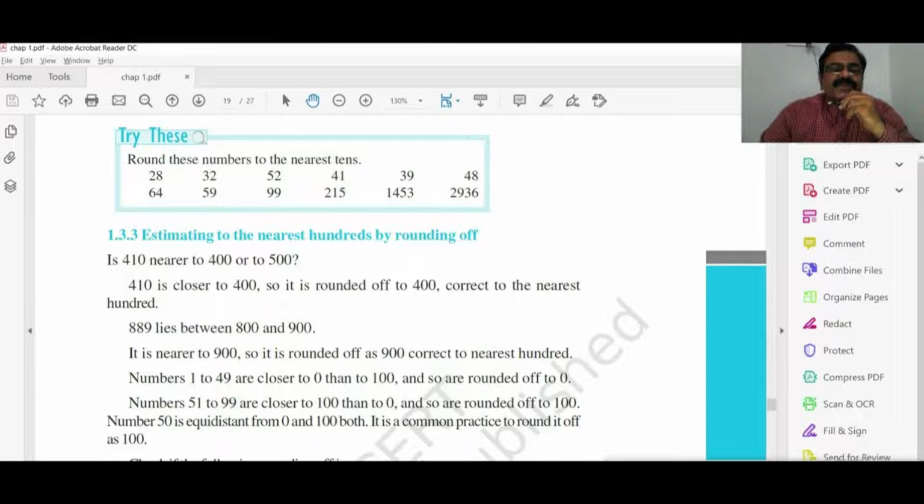Suppose, for example, you have to round 450 to the nearest 100, in such cases you will write 500. But if the question is to round 449, in such cases it will be 400.